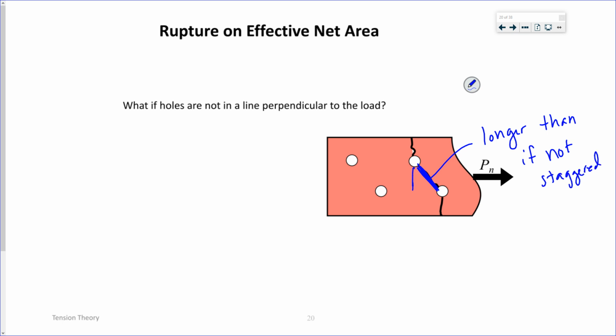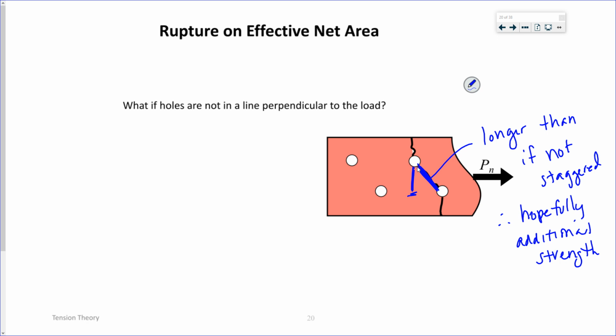Right? If they were just like that. The hypotenuse is longer than the vertical distance. So if I have longer, I can hopefully get some additional strength. Longer means more material before it fractures.